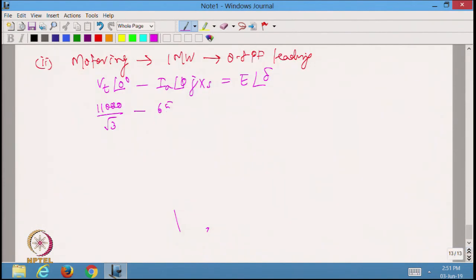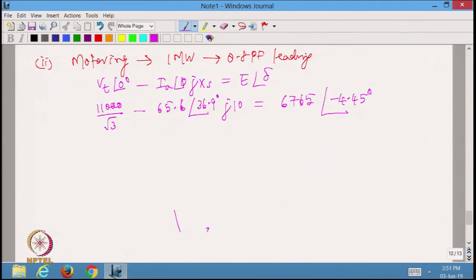So, 65.6 angle 36.9 leading power factor multiplied by J10. If you try to calculate this, I think this comes out to be 6765 angle minus 4.45 degrees.